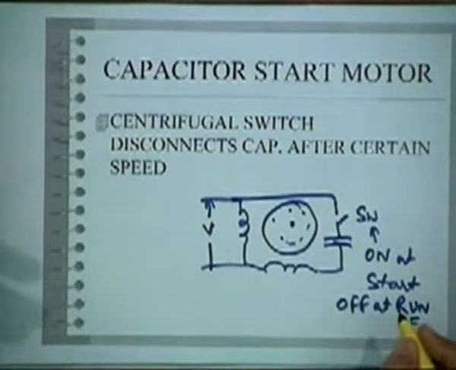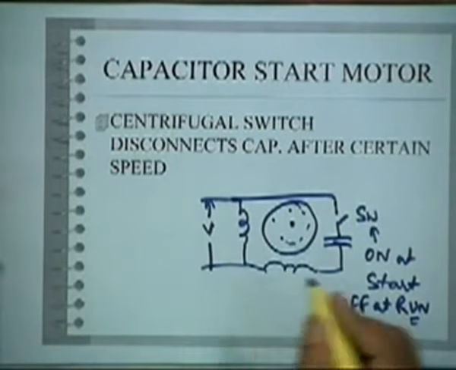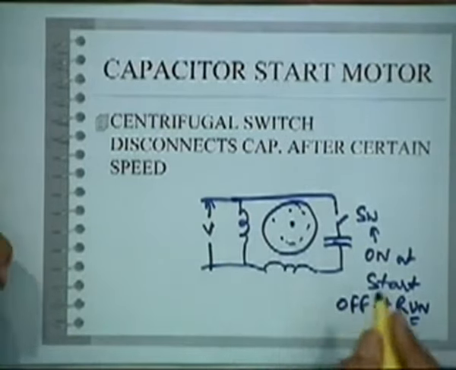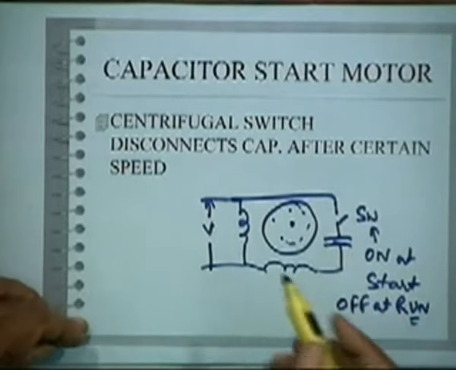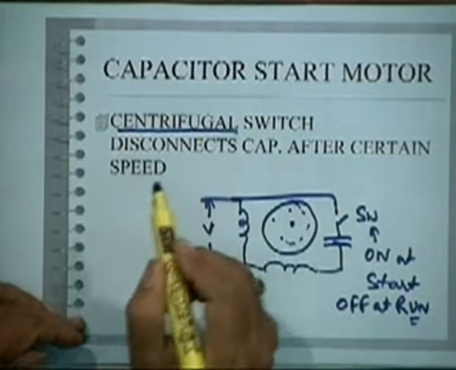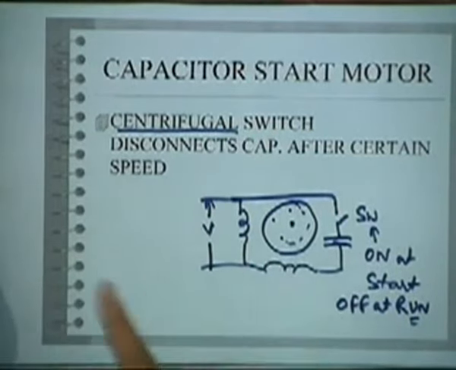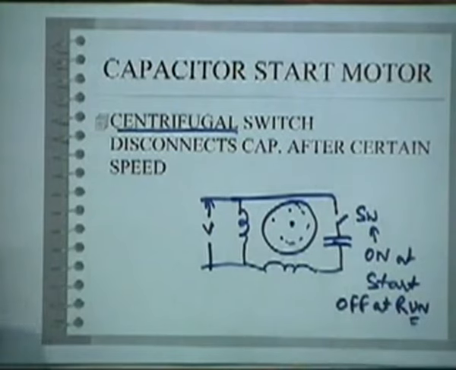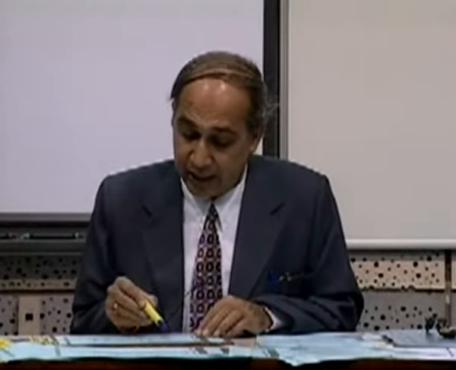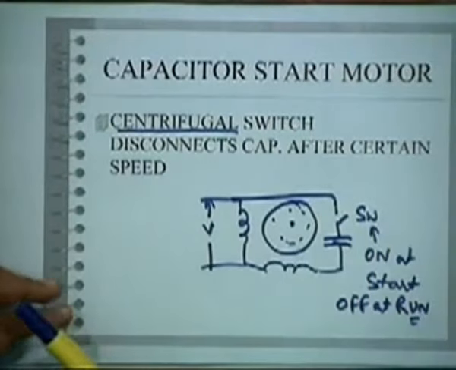After it reaches say 70% or 80% of speed, it gets disconnected. How does it disconnect? That switch is called a centrifugal switch. It operates on the principle of centrifugal action. After a certain speed, the switch is disconnected. I hope all of you know what centrifugal force is. Centrifugal force will be there only after a certain speed. So it disconnects the capacitor after a certain speed.